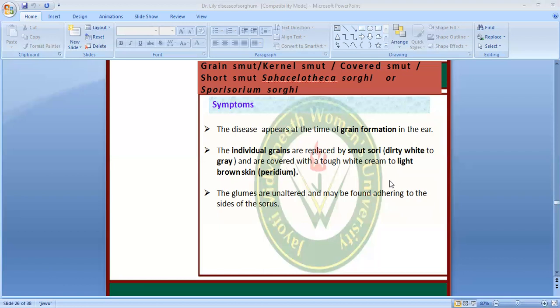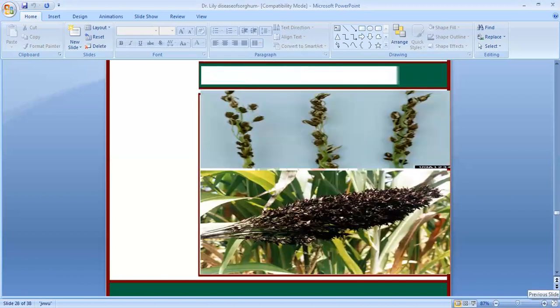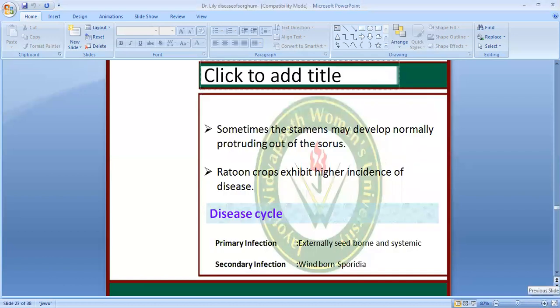Dirty white to gray. The stamens are normally developing and protrude out of the sorus. So in the whole inflorescence, the glumes are there and the stamens develop and protrude out.